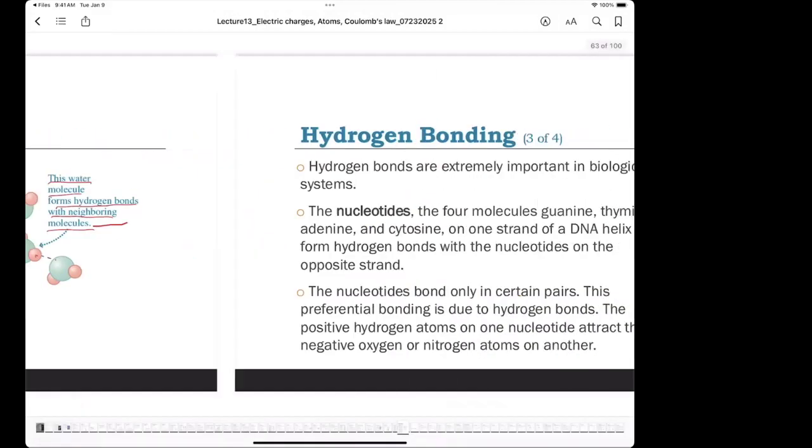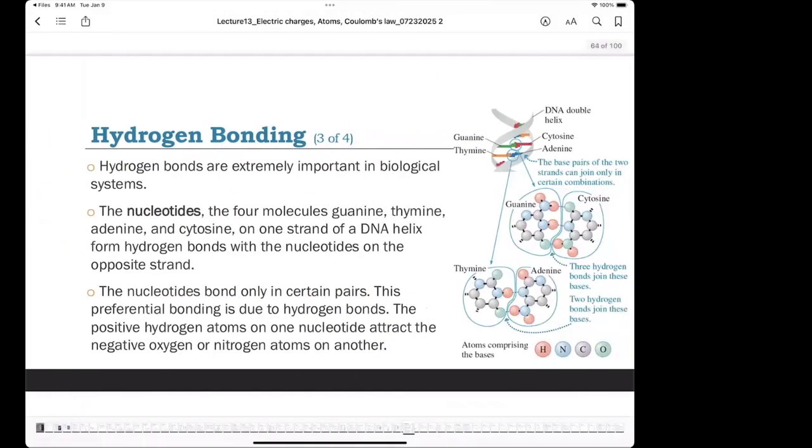Let's continue. Hydrogen bonds are extremely important in biological systems. The nucleotides, the four molecules guanine, thymine, adenine, and cytosine, on one strand of a DNA helix form hydrogen bonds with nucleotides on the opposite strand.